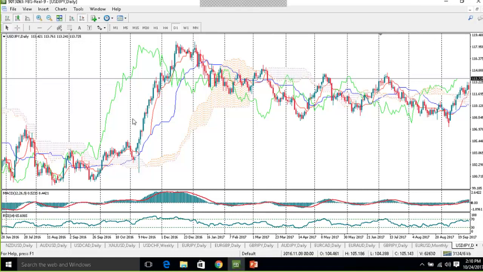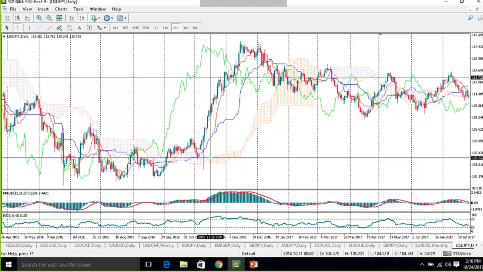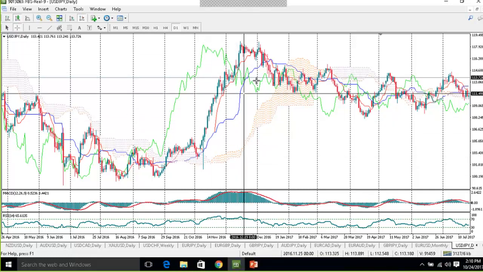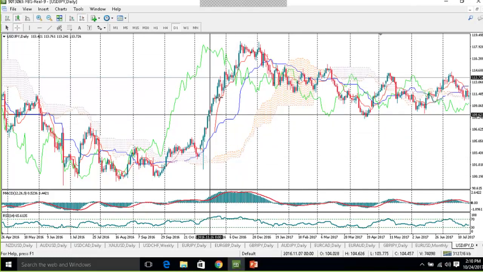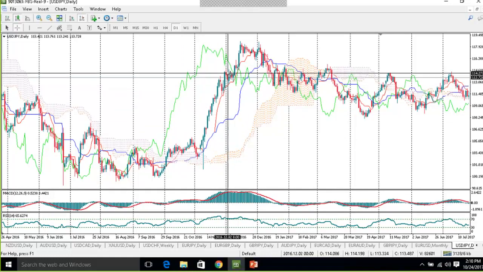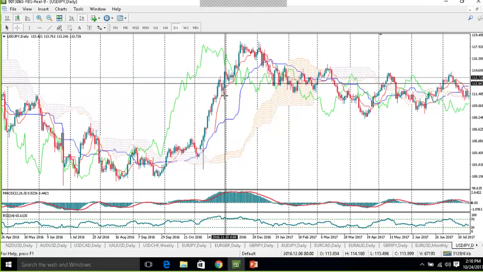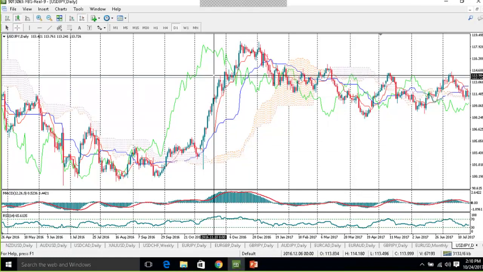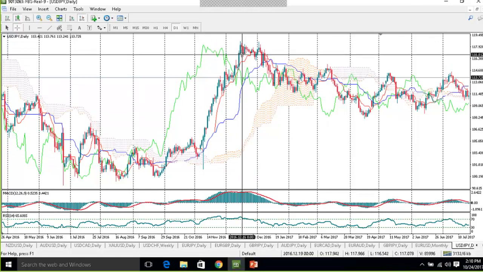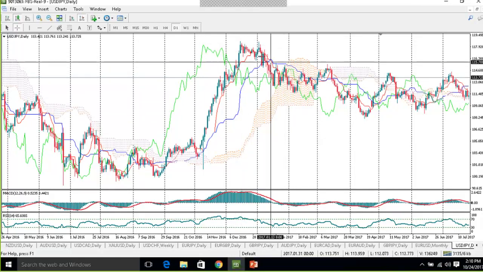So when we have a situation like this, here we have a good trend, the lines are going to the upside. We see that the price gets far away from the cloud. From the visual analysis, such a big divergence as here would mean that sooner or later the price will have to return to the cloud. It always happens.